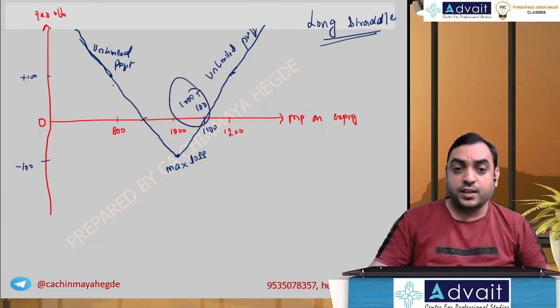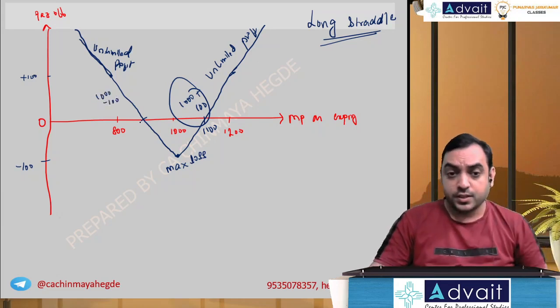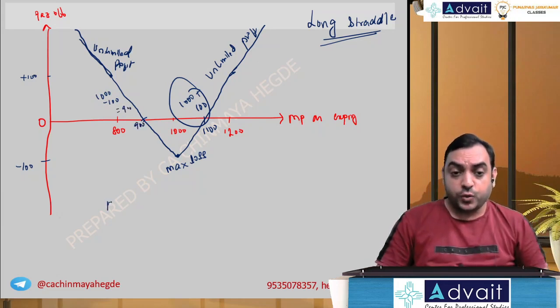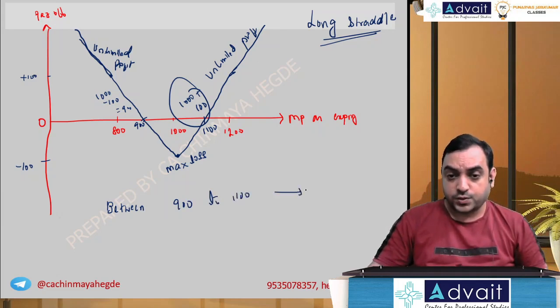On the lower side, similarly, it is strike price minus premium. So 1000 minus 100 total premium, which will be 900. Which means between market prices of 900 and 1100 you make a loss.